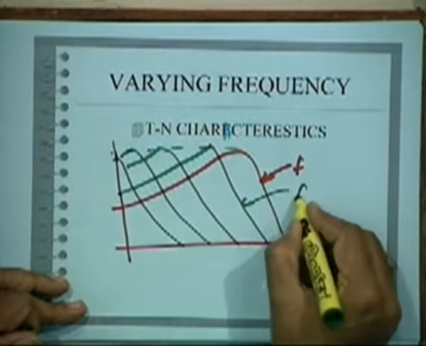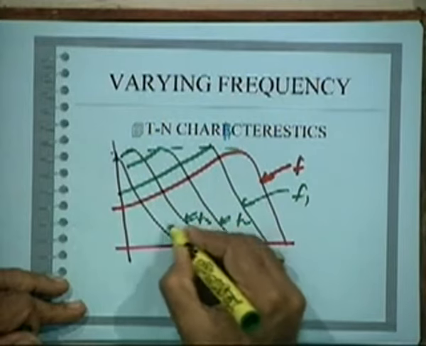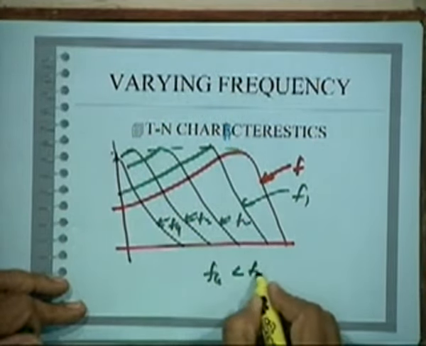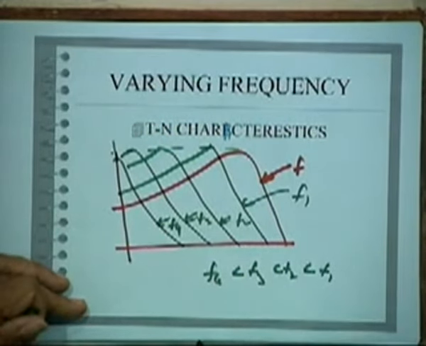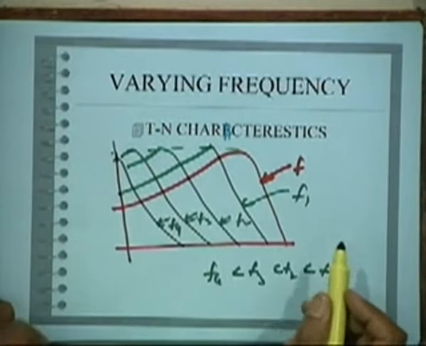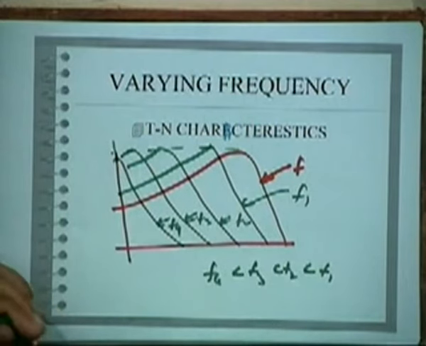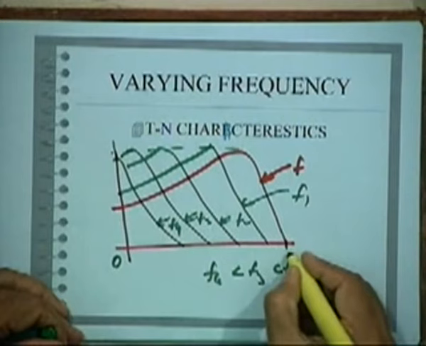Okay, so let us say f1, f2, f3, f4. So f4 less than f3 less than f2 less than f1. Okay, so this is one of the methods of speed control.